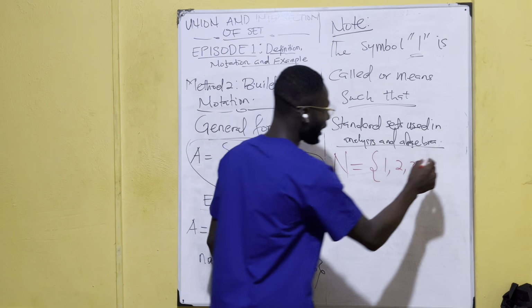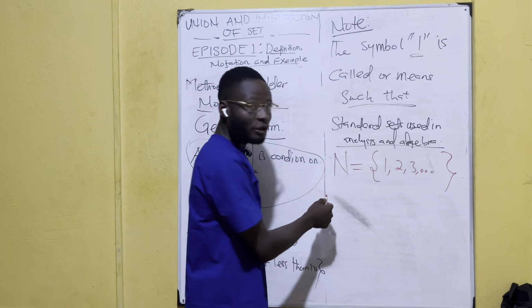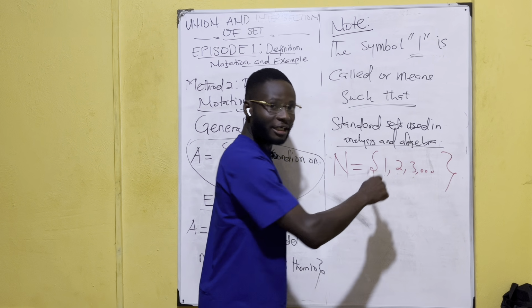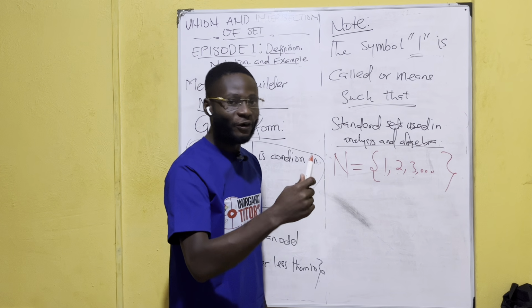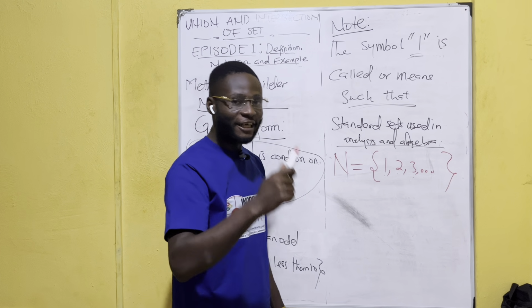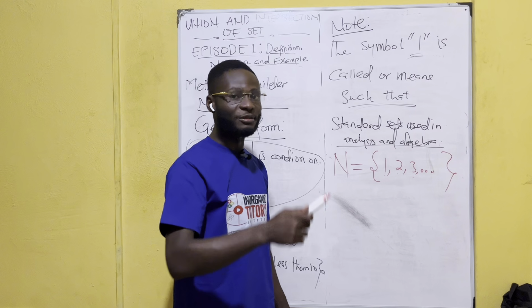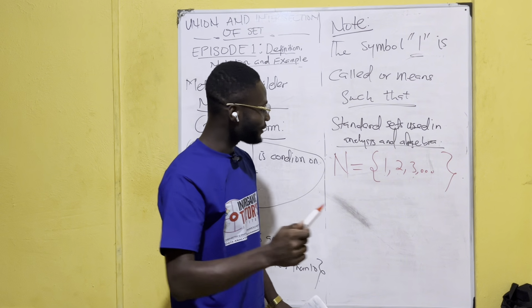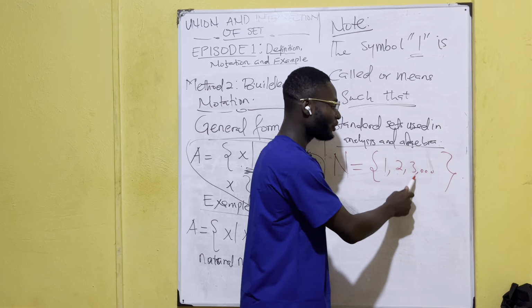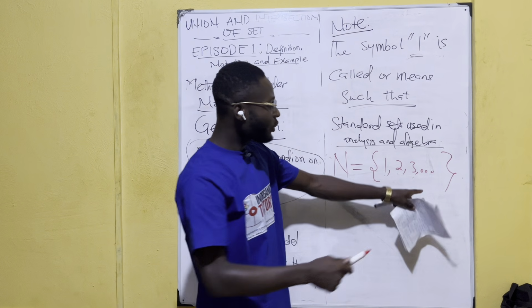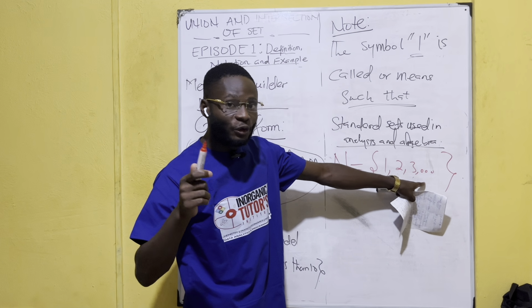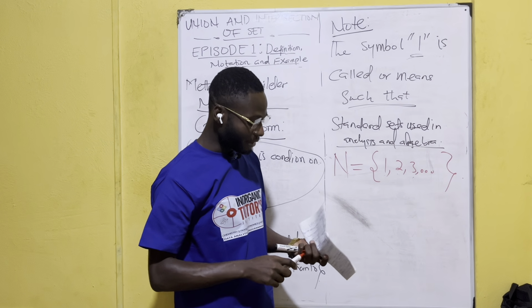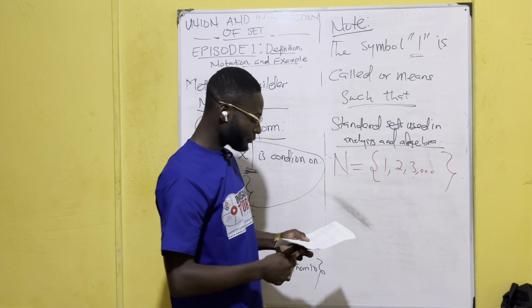Natural numbers start from 1, not from 0. If you are to count, you don't count from 0, you count from 1. So natural numbers go from 1, 2, 3 to infinity. We cannot list up to the end. We don't know where the end is. So we just list three dots, and that represents up to infinity.